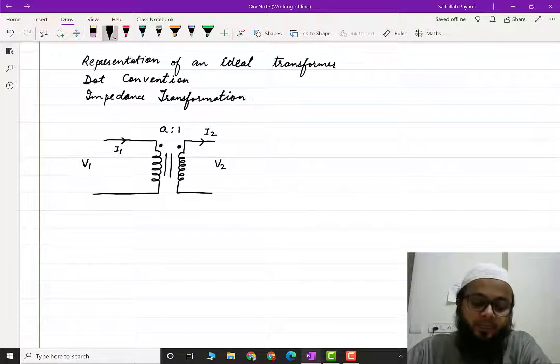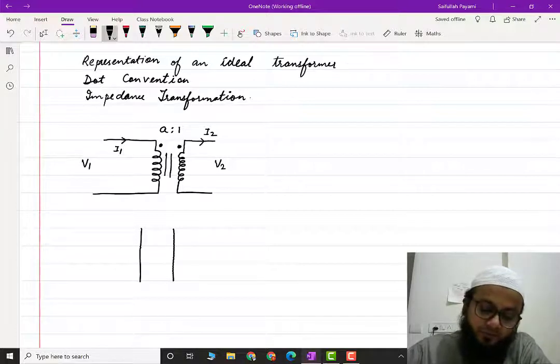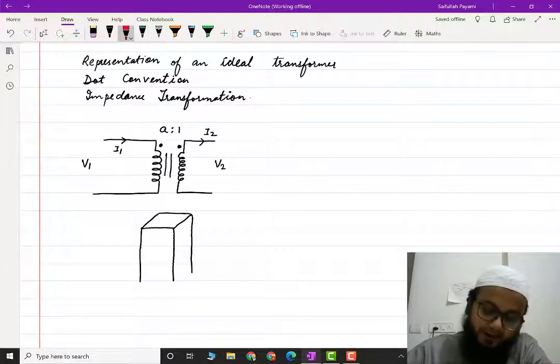Now, this dot... in a transformer, the direction of the induced EMF is decided by how we have done the winding on the transformer. Just consider this case: let's say the winding has been started from this side.